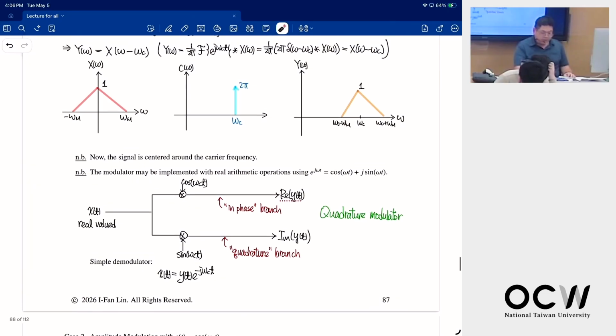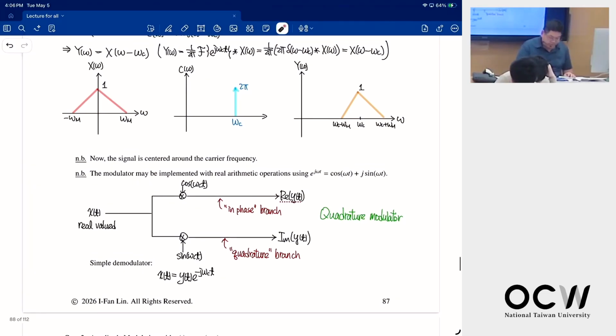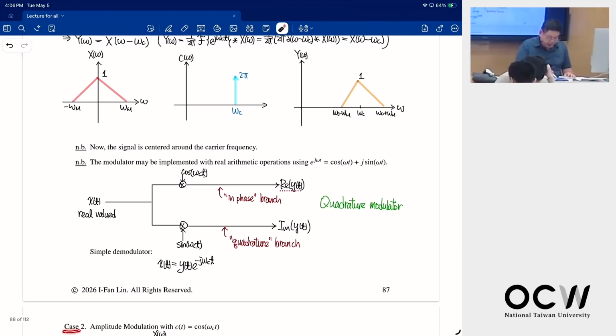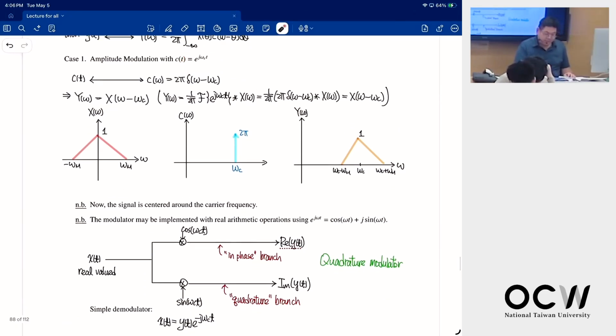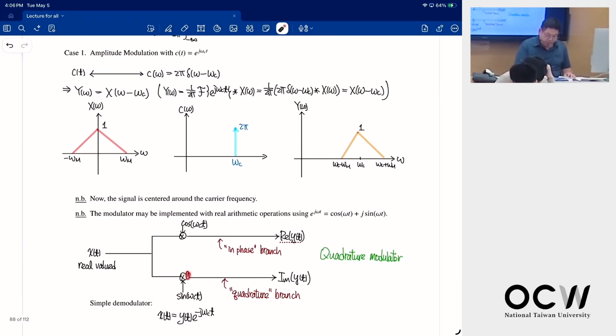And normally, later on, the other case is that the carrier is cosine rather than the complex exponential, because actually the complex exponential is very expensive. So instead of doing both parts, we just multiply by the cosine part.